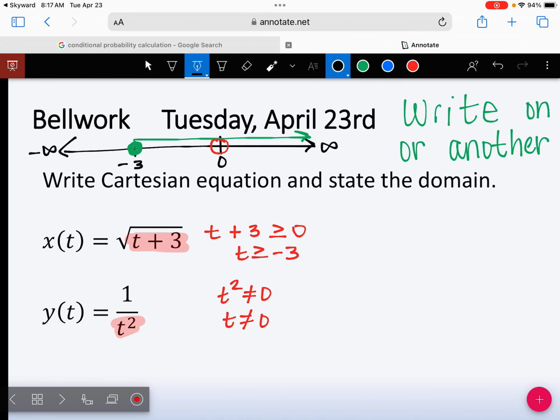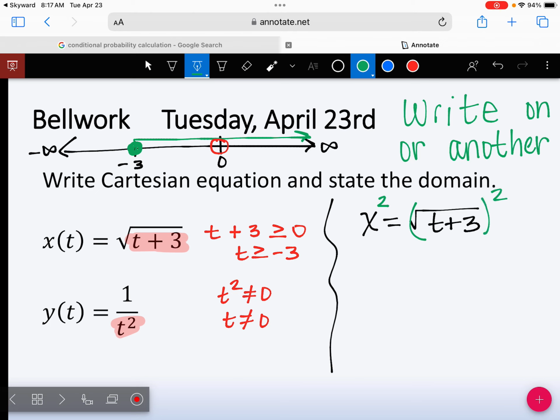So let's take our x parameter. If x equals the square root of t plus 3, let's solve that for t. So I'm going to square both sides, which means that x squared equals t plus 3. Subtract the 3, and that's what you get.